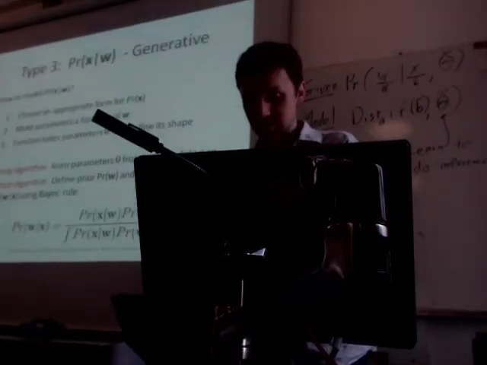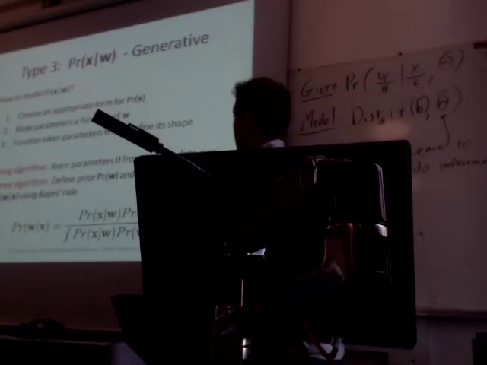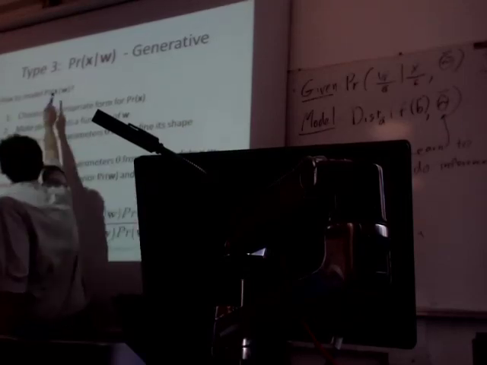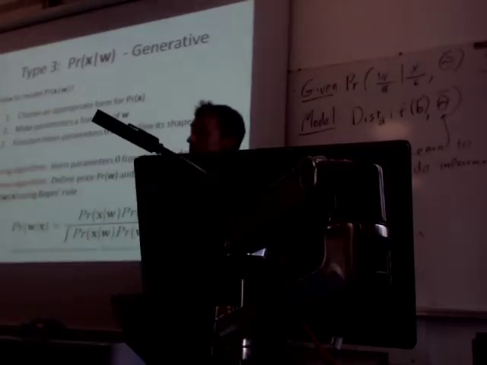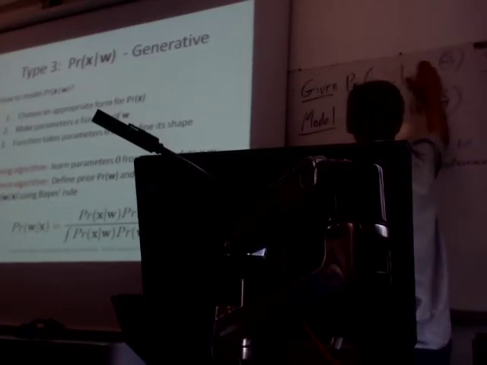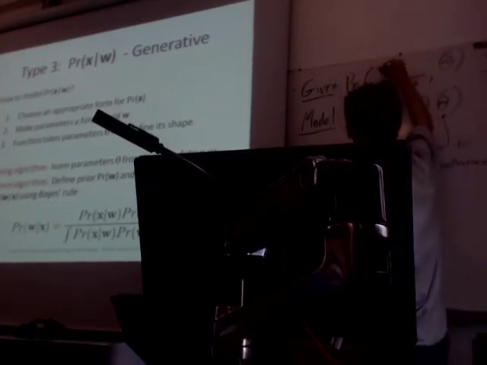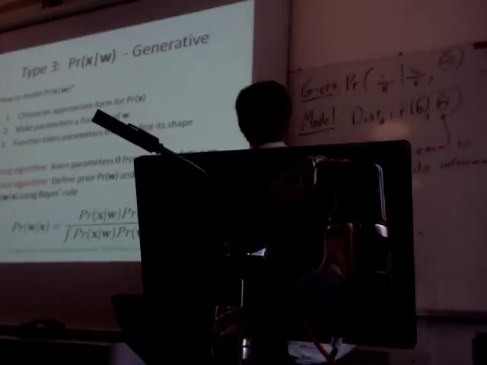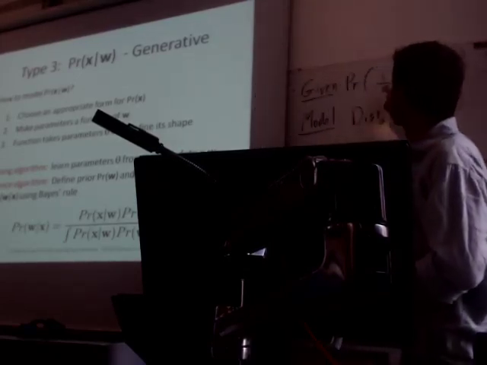Okay, so the type 3, the other generative model. So remember, we're saying this is probability of x given w, the probability of the data given the world. Just fill in the blanks, but fill them in differently. Probability of x given the world, so we need a probability distribution on x.